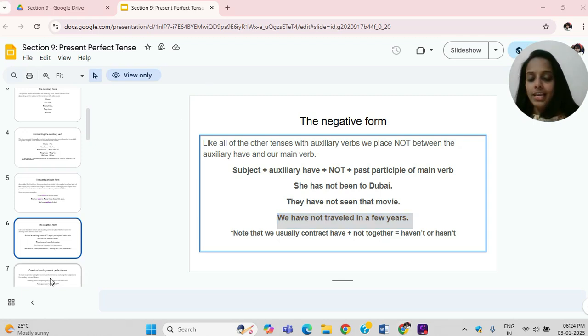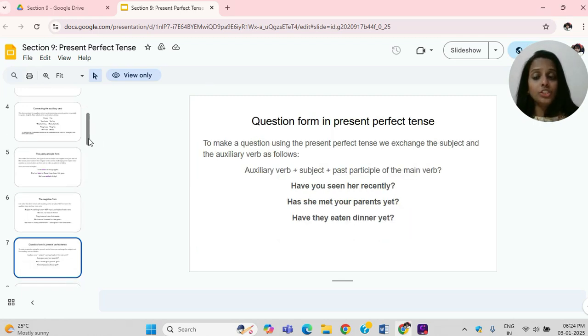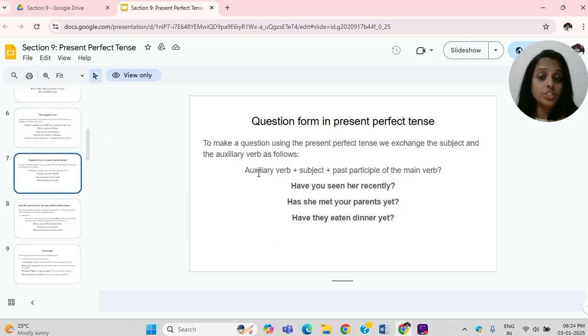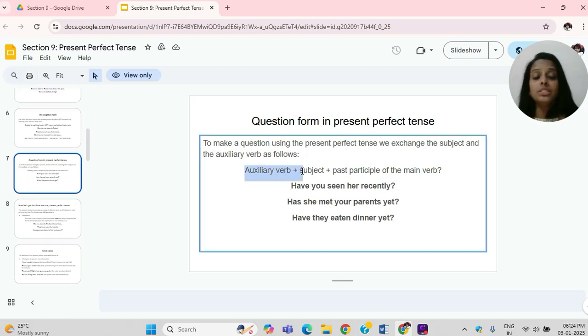Got it? Let's see how to frame questions using present perfect tense. To make a question using the present perfect tense, we exchange the subject and the auxiliary verb. So the auxiliary verb comes in the front, then comes the subject, later the past participle of the main verb. Have you seen her recently?